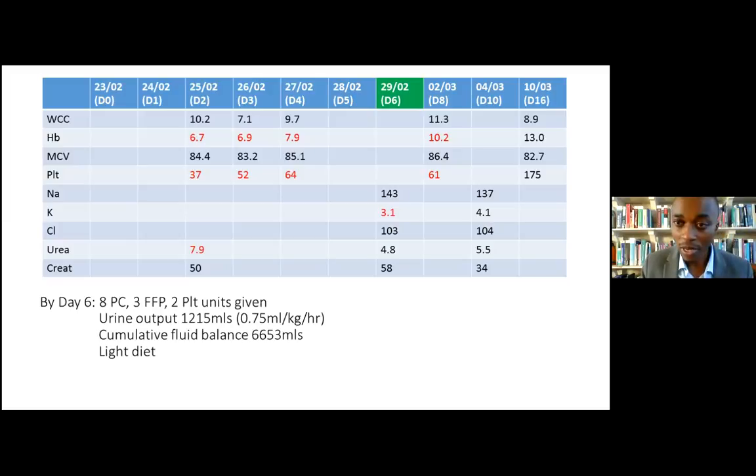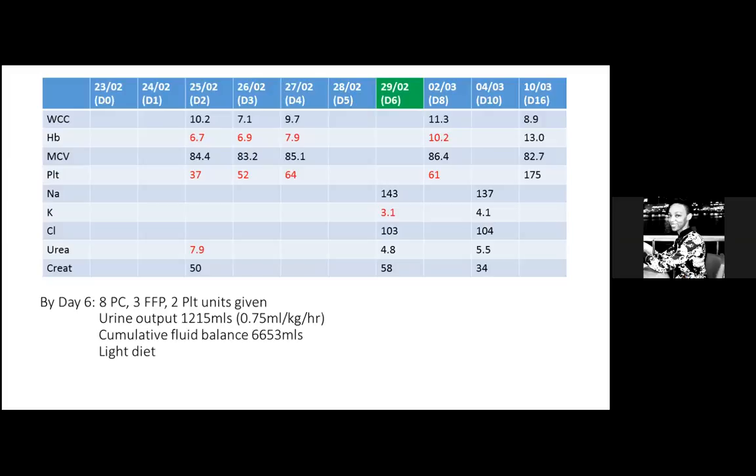So that's how we initiated the massive transfusion protocol, just on the basis of clinical examination. All right. So I think that answers the question. Now, Trasen, will you explain why the patient has got a low platelet count, progressive?